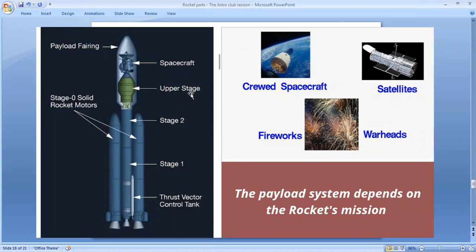The earliest payloads on rockets were fireworks for celebrating holidays. In the early days, the rockets were mainly used to launch fireworks during festivals. But now we are launching satellites, crew, and different spacecraft with the help of rockets. The payloads of the German V2 in the war were several thousand pounds of explosives.